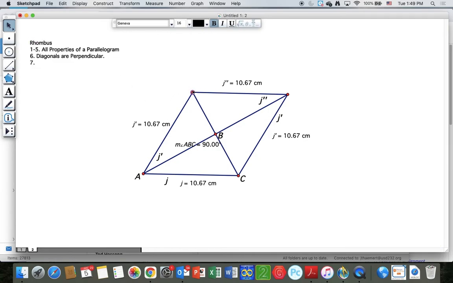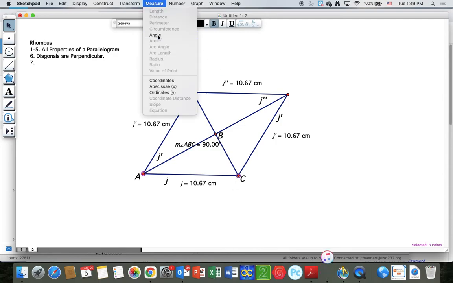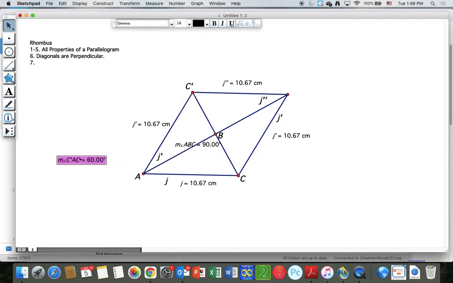Okay, what else do the diagonals do? Well, watch this. If I measure angle A, it is 60 degrees. But watch when I measure angle C prime AB. It's 30. So the whole thing is 60, but this is 30. So that means this one's 30.